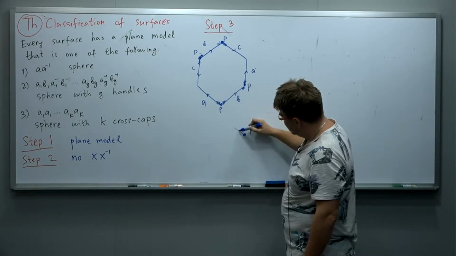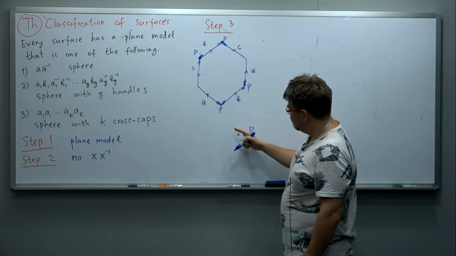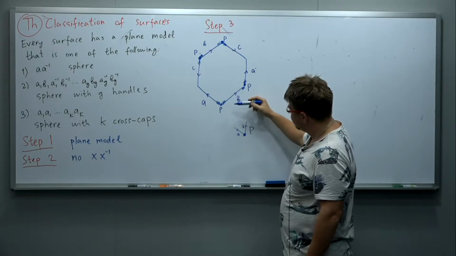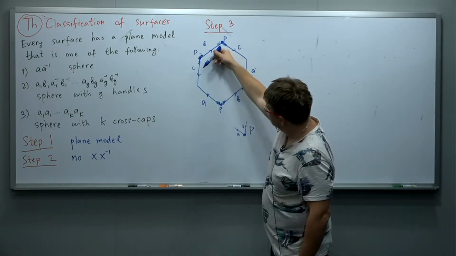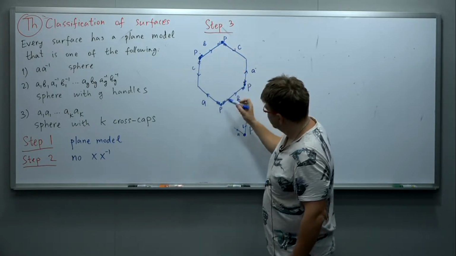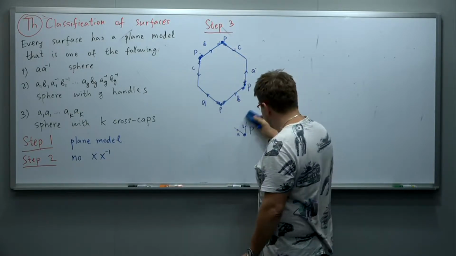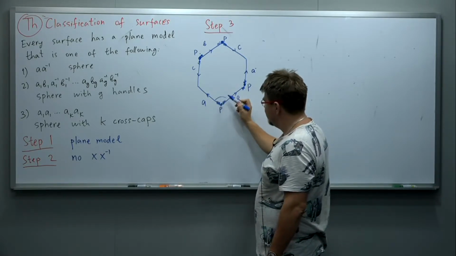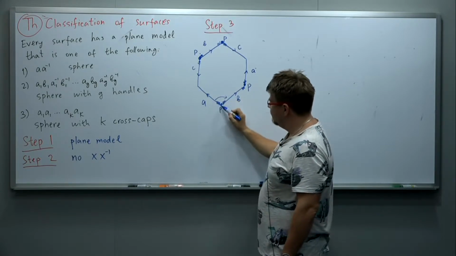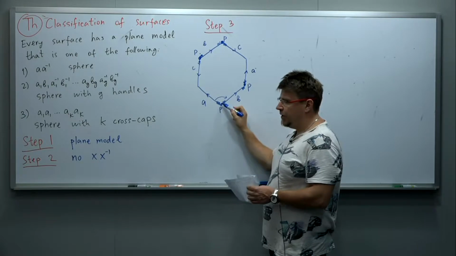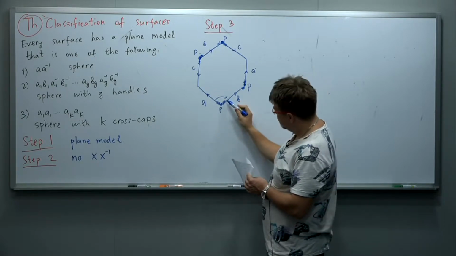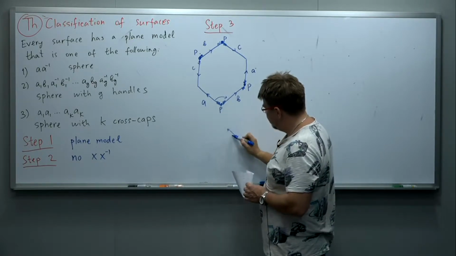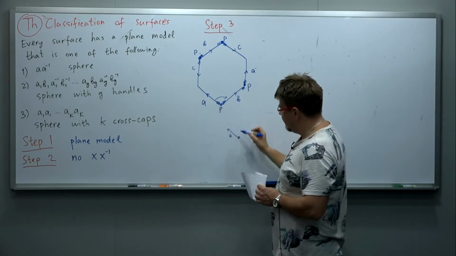So we are going to have a part of A, then we're going to have here B. Imagine that we are moving around the point P on the surface in the clockwise direction, right? So then, first we are going to meet the tail of A.